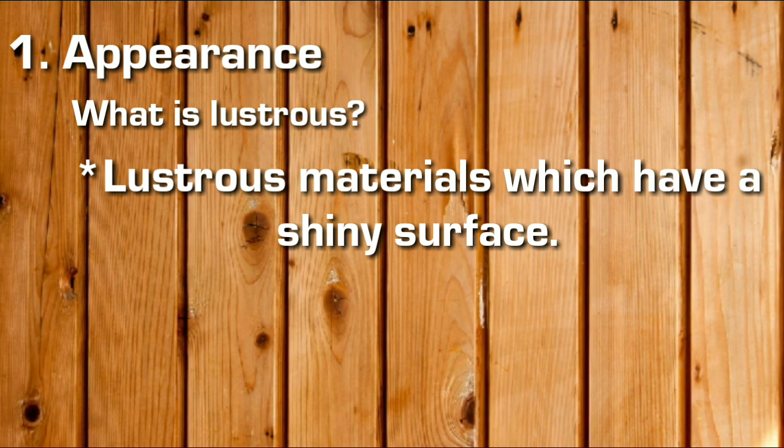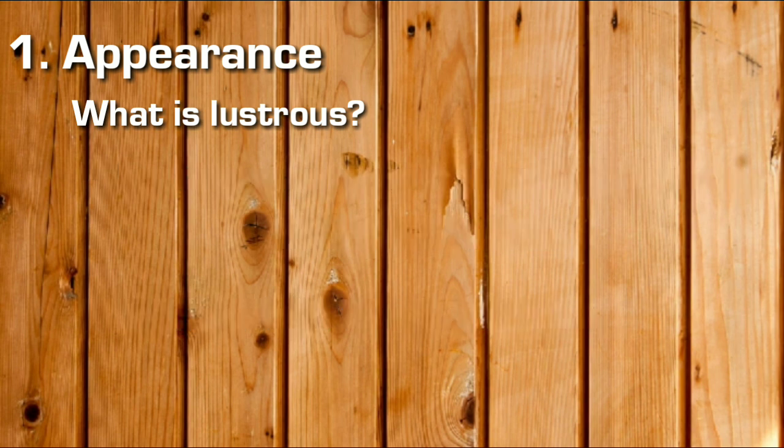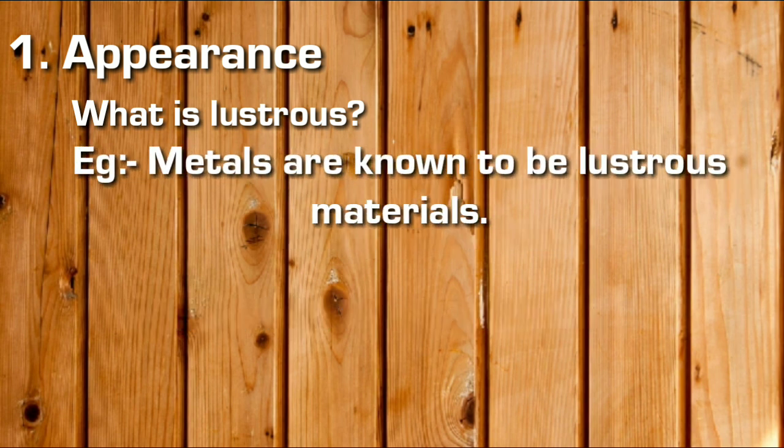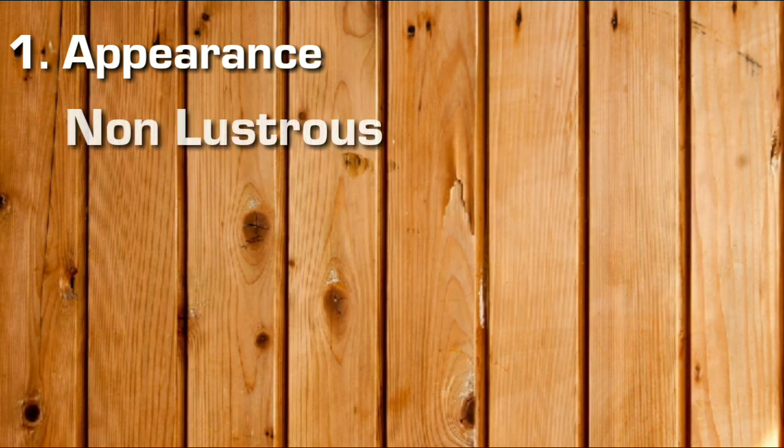Lustrous materials are basically those materials which have a shiny surface, meaning materials that shine. For example, metals have such luster on their surface. Iron, copper, aluminum and gold are examples of metals.